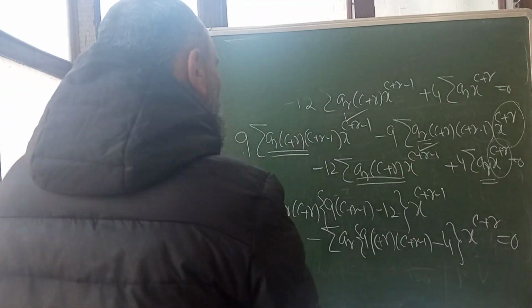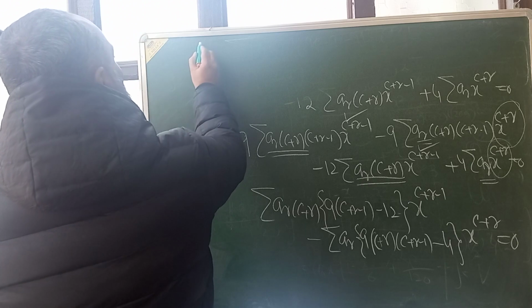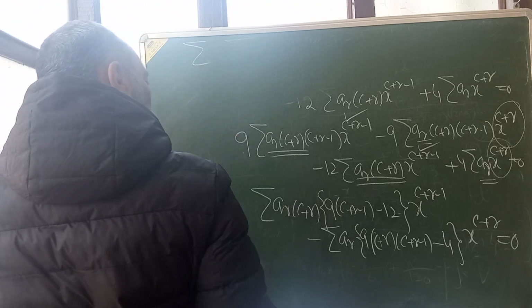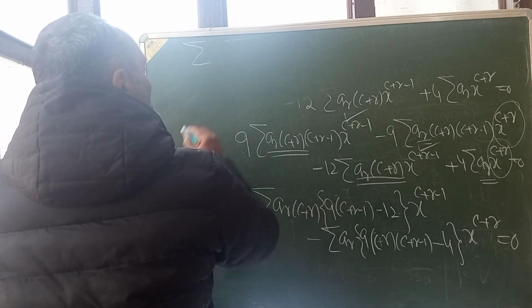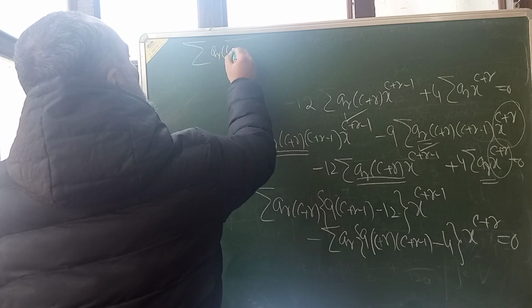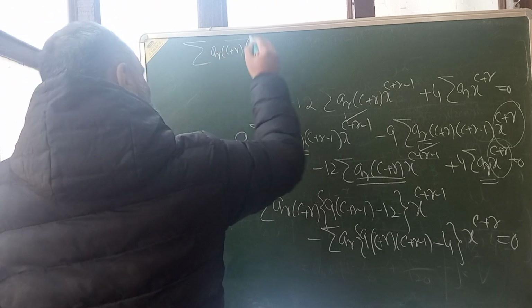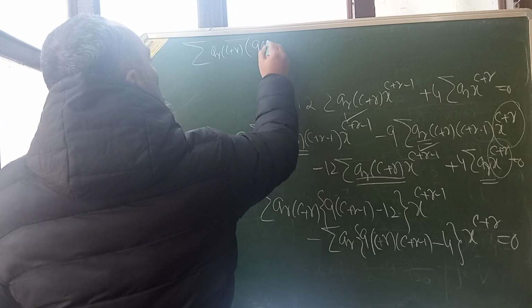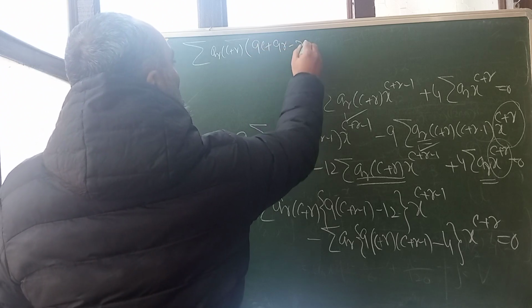I don't have space available now, so I will write from here: summation ar (c plus r), then 9c plus 9r minus 21.